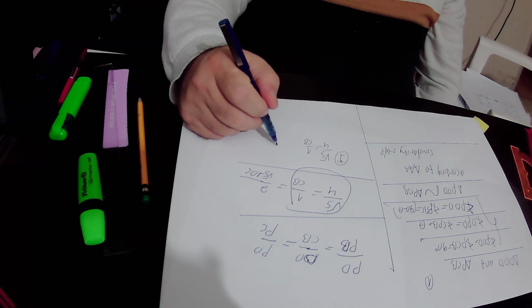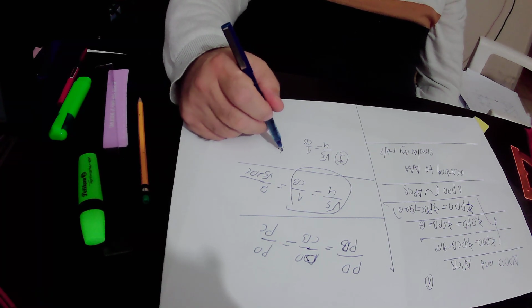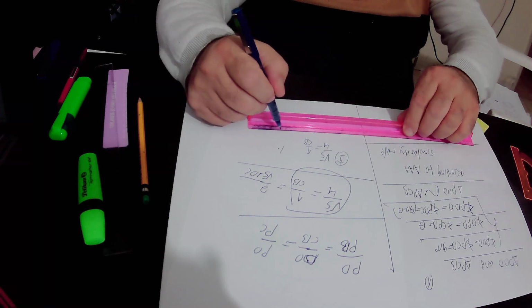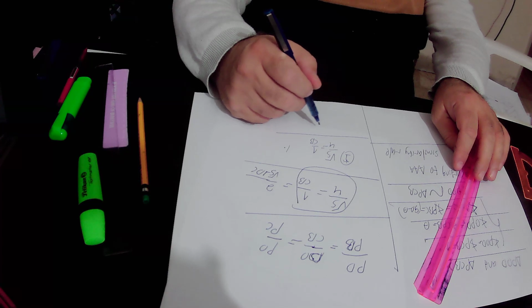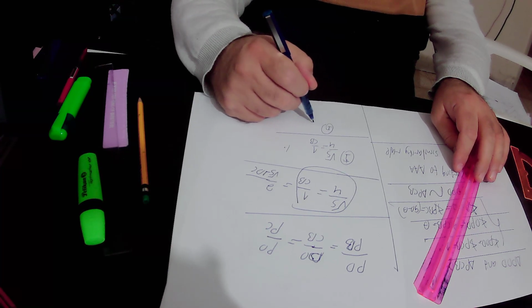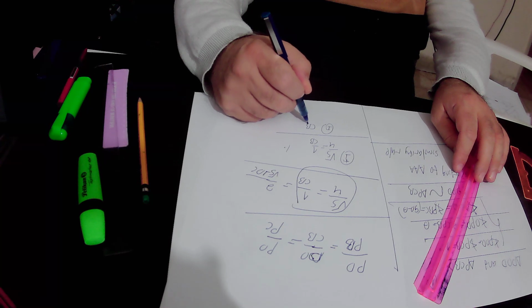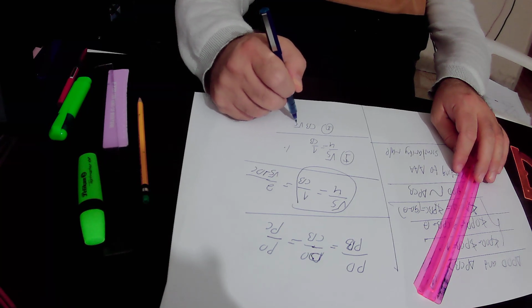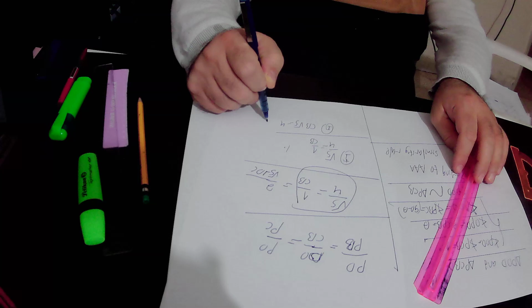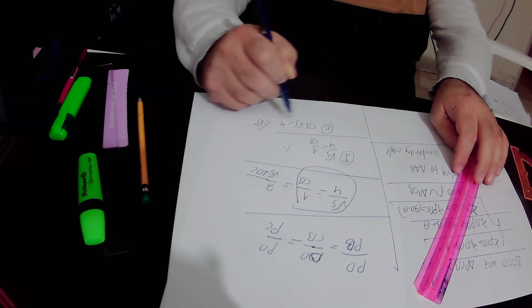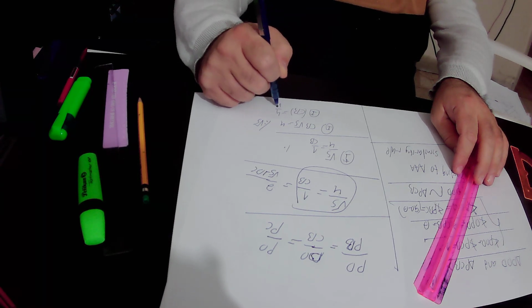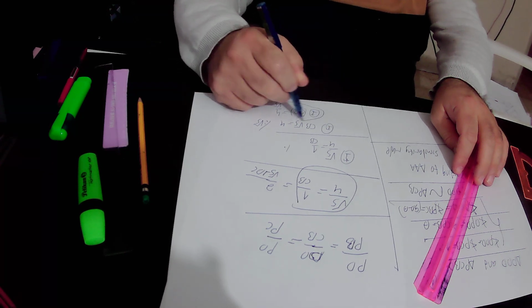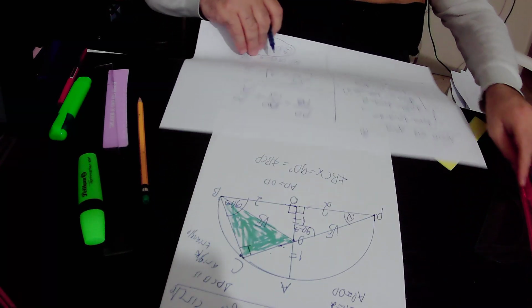Here we cross multiply this equation, equation number 1, and we get that CB times square root of 5 equals 4. We divide by square root of 5, and we get that CB equals 4 over square root of 5 units. So we found here that CB equals 4 over square root of 5 units.